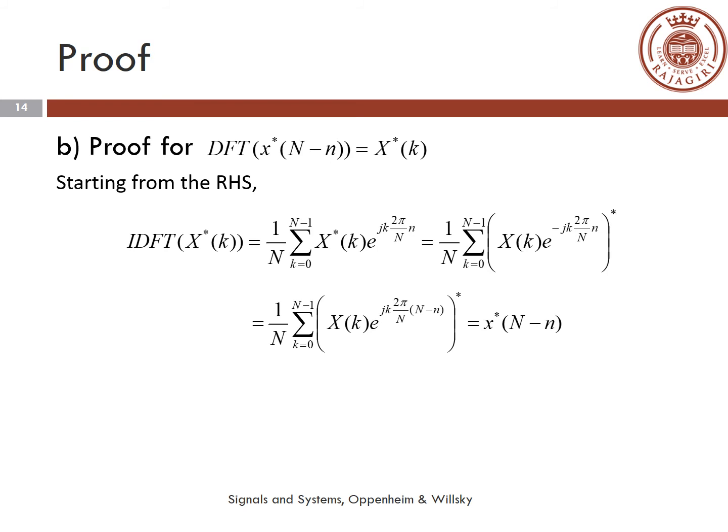So I get 1 by N sigma k equal to 0 to N minus 1 X of k e raised to j k 2 pi by N into (N minus n). So this is my x of N minus n, and the conjugate, so x conjugate of N minus n. These proofs are also pretty direct. It is only the incorporation of the capital N term in between, so that it will help you reach the final answer comfortably.